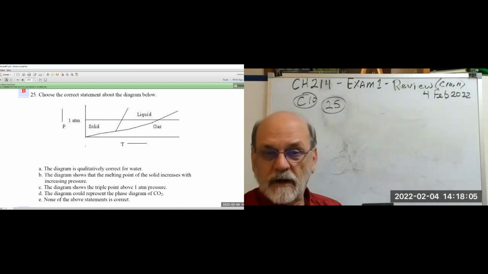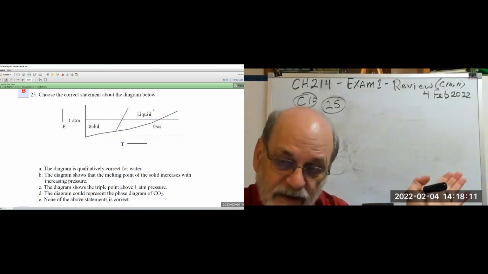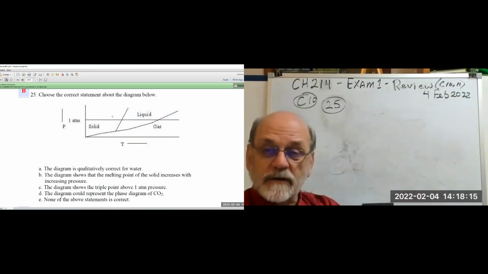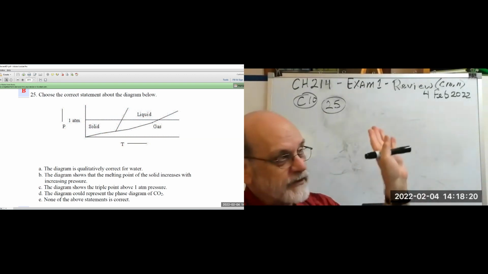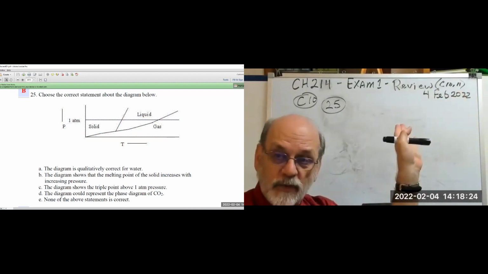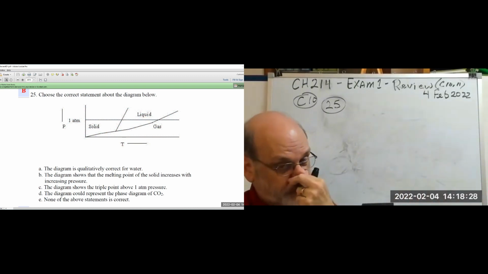No. The solid-liquid phase line should have a slope tilted back the other way, right? Most substances exhibit this type with a slope to the right, a positive slope. Water has a negative slope for solid-liquid, so it can't be water.